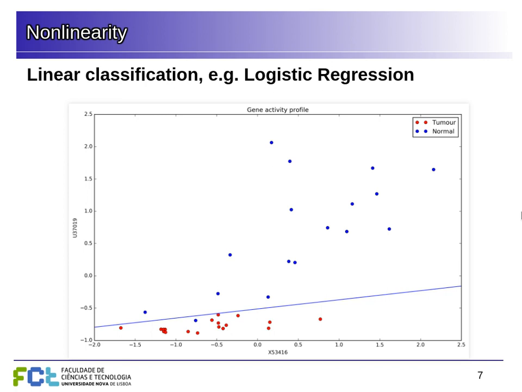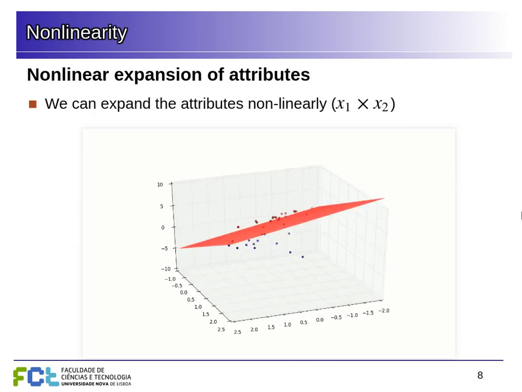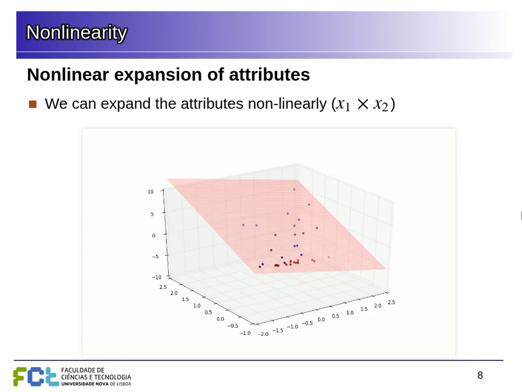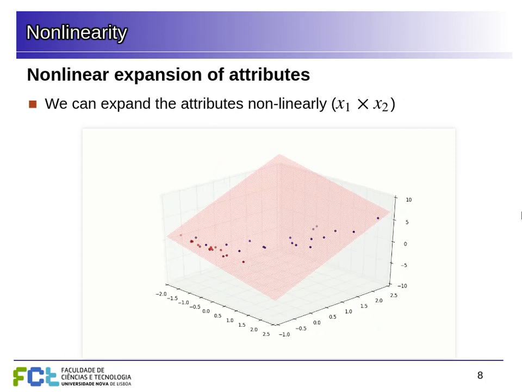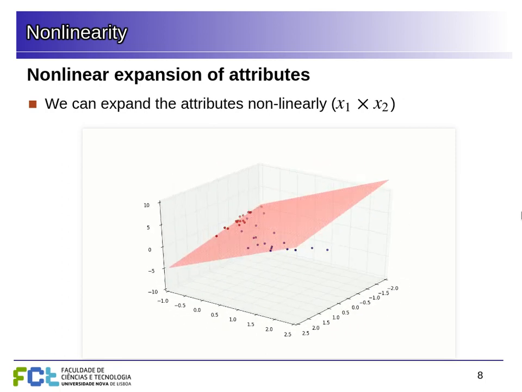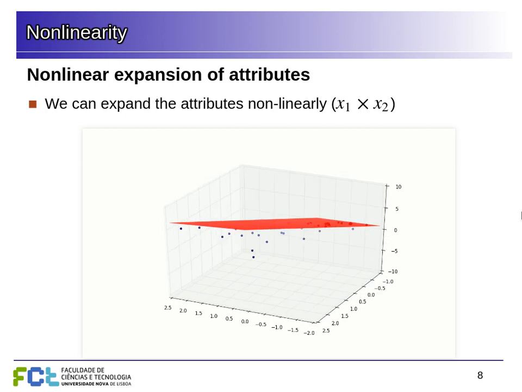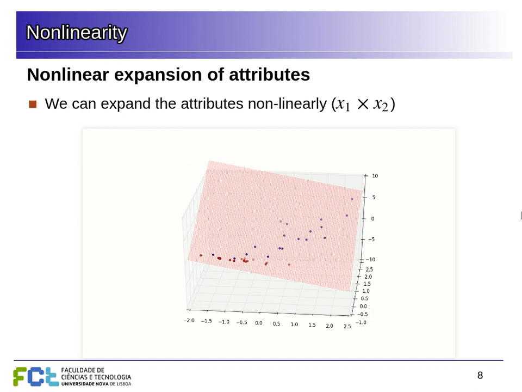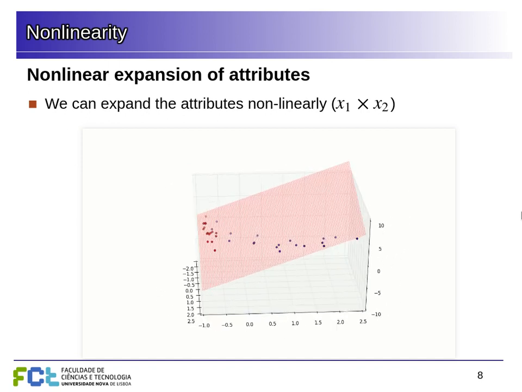For example, we multiply them together, and we project this onto a curved surface in 3D. Now we can solve the problem of linear classification in three dimensions instead of two. It's still a straight separation, only now it's not a line, but a plane that cuts the two.